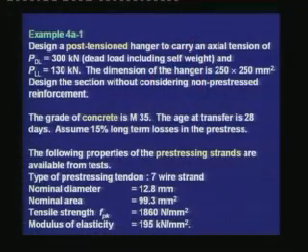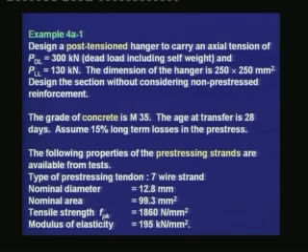Let us now see this design method from an example. Design a post-tension hanger to carry an axial tension of PDL equal to 300 kilonewton. The dead load includes the self weight, and PLL is equal to 130 kilonewtons.